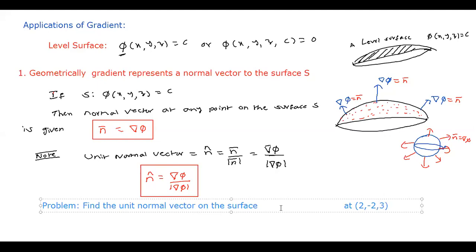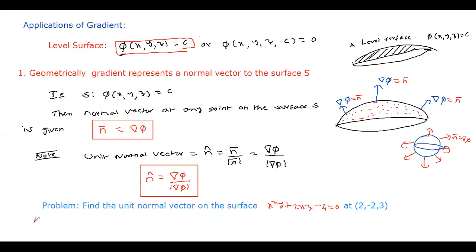So what is that surface? I'm going to write it here: x square y plus 2xz minus 4 equal to 0. Rewrite the given equation in the form phi of xyz equal to c and collect the function phi.